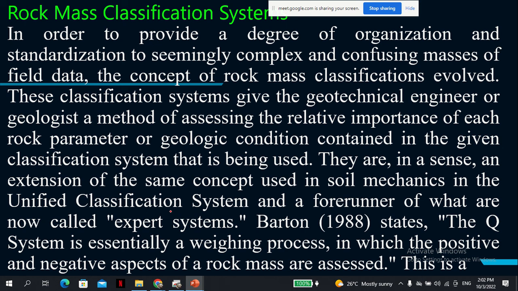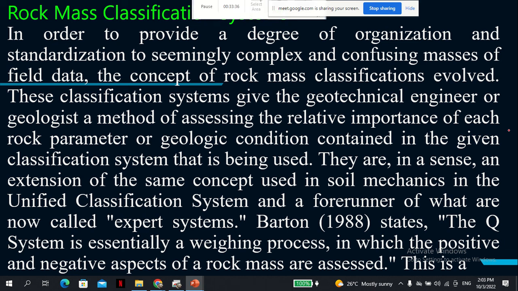So we have some way to help geotechnical engineers to be able to classify soil, I mean rock.